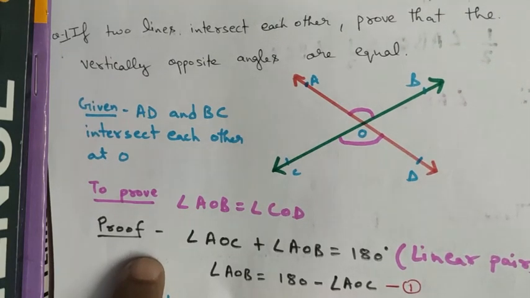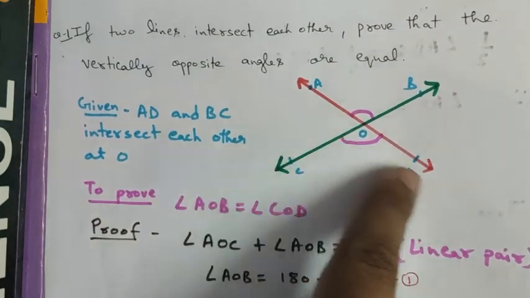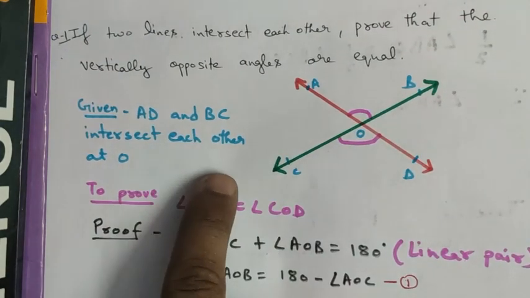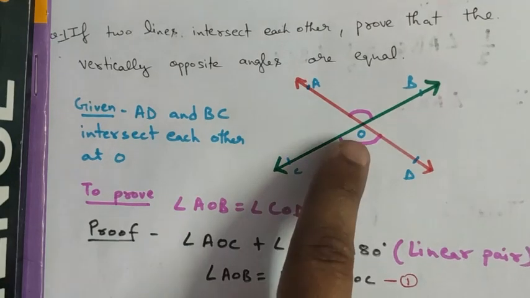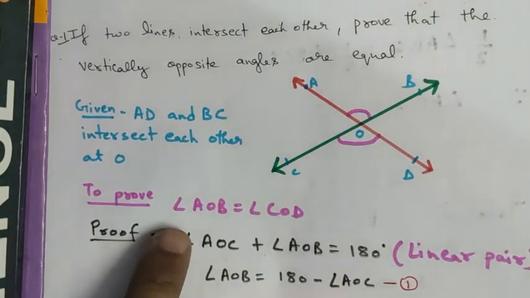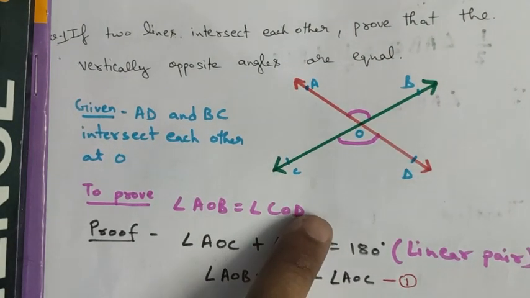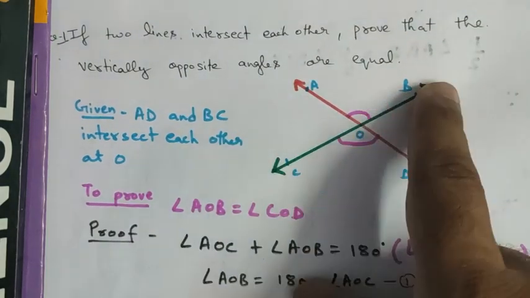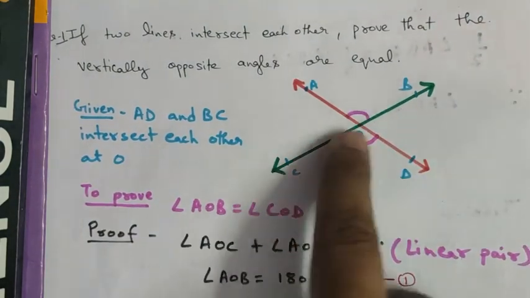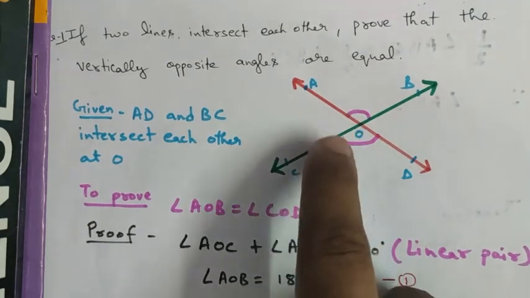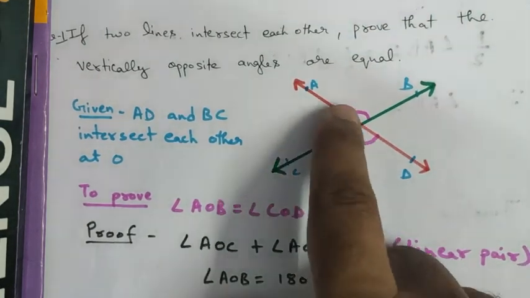So here it is given that AD and BC are intersecting each other at point O, and we need to prove that angle AOB is equal to angle COD. Angle AOB and angle COD, both the angles I have marked with the red marker.